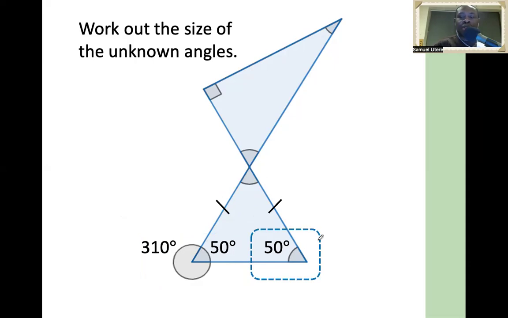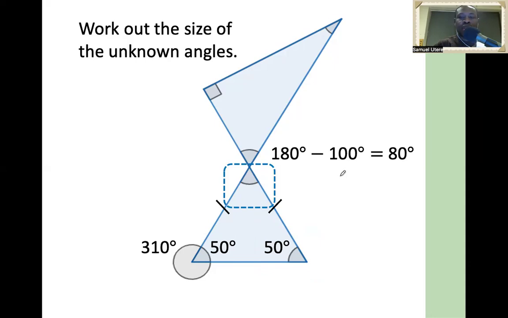What other information do we have that we can use to find some other angles? Well, we know that the sum of angles in a triangle is 180 degrees. So if we subtract these two angles from 180 degrees, we would get this angle, which is 80 degrees.